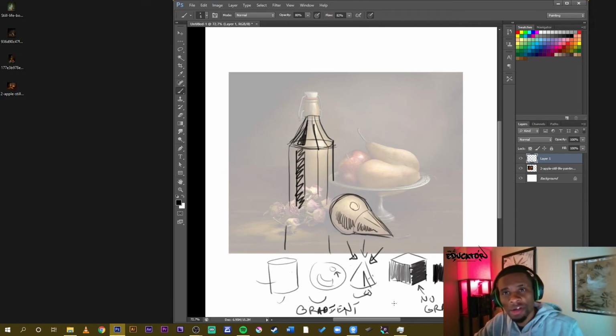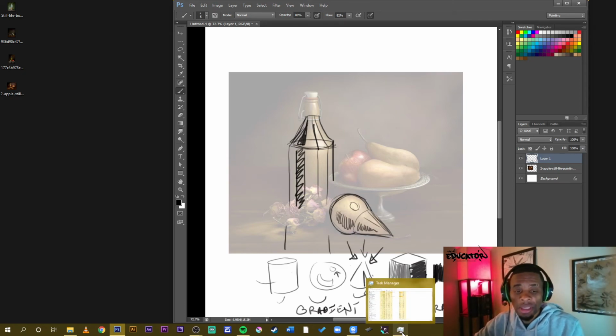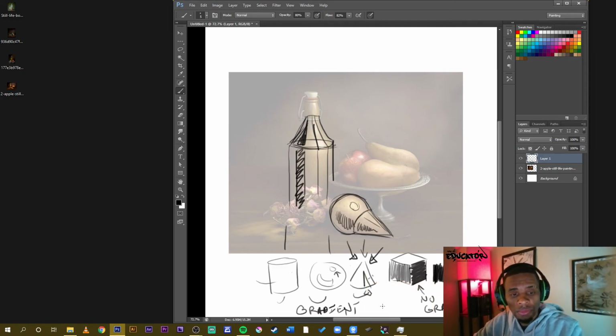The last time I taught you how to do the shapes individually. Now you got to draw them and put them together, and then block it out to help you be able to draw these things over here.